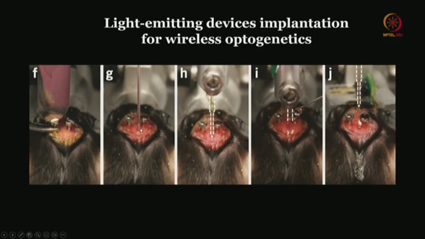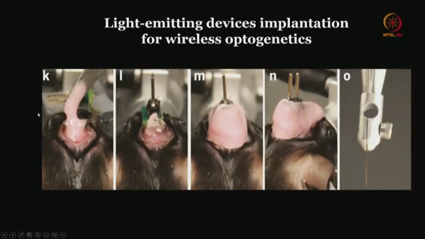Then, as per the target entry point, you go in with the final implant. In this case it is a light emitting device which has been implanted into the burr hole in the middle, and once that is done you start adding the dental acrylic here.